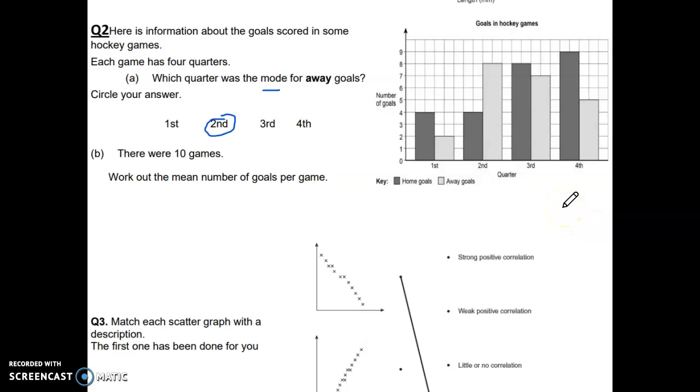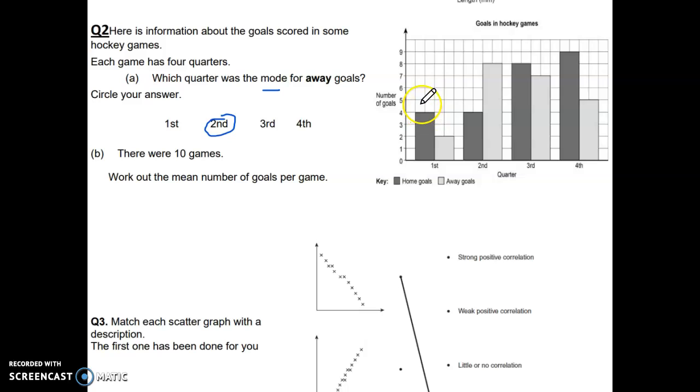Okay, I've gone quiet on this one. All right, so if it's the mean number of goals, we'll add all these up, won't we?